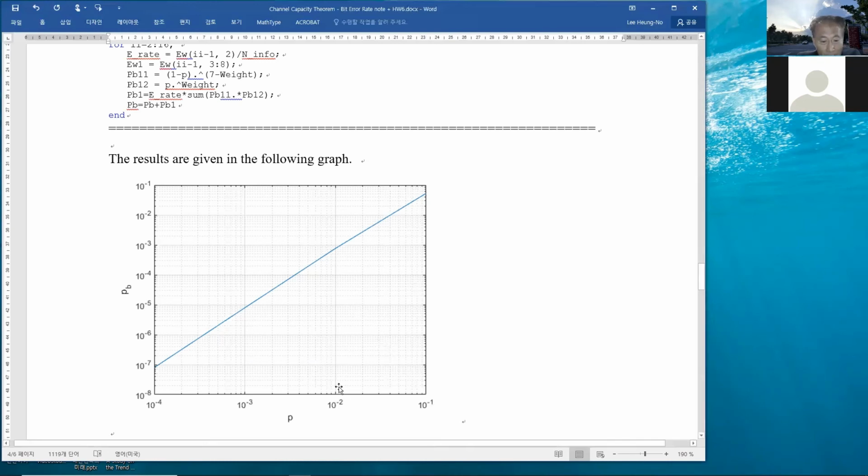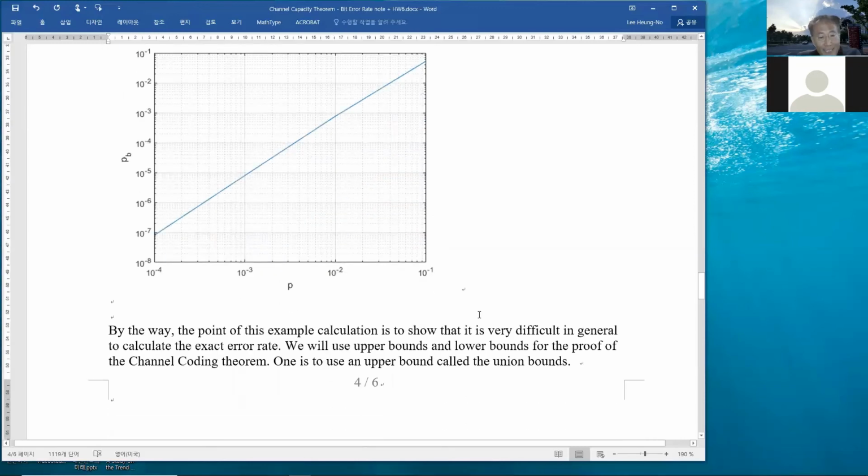And if it is 1 over 100, this is smaller than 1 over 1,000. And if it was 1 over 1,000, then it is on the order of 10 to the minus 5. So you get a huge improvement. That's the channel gain.